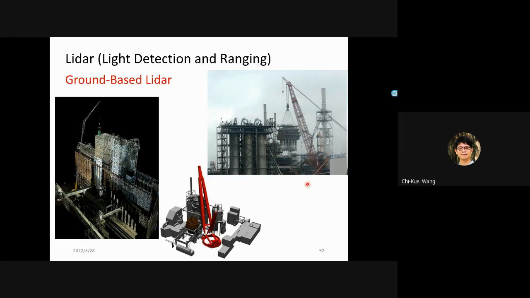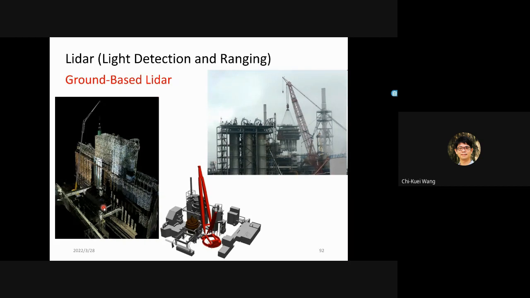We can use terrestrial laser scanners to scan it, so we know the exact 3D coordinates of everything, and we get the point clouds. The color comes from the camera. We want the color because it helps us understand the data we are looking at.